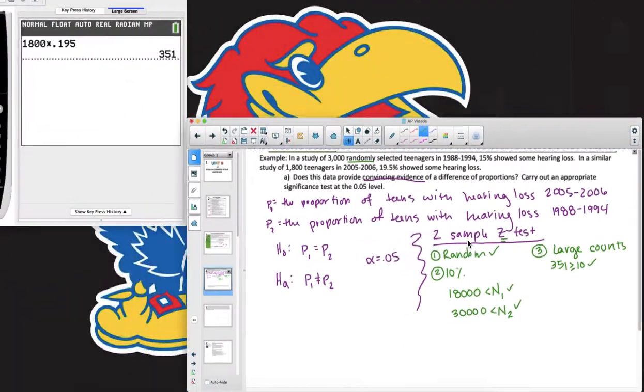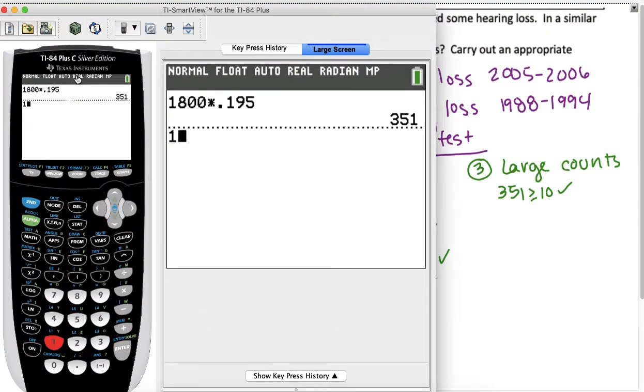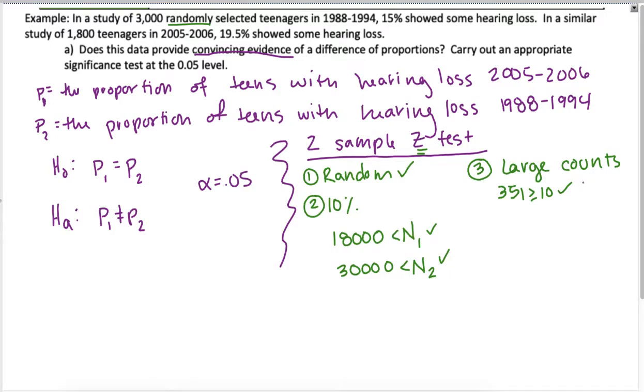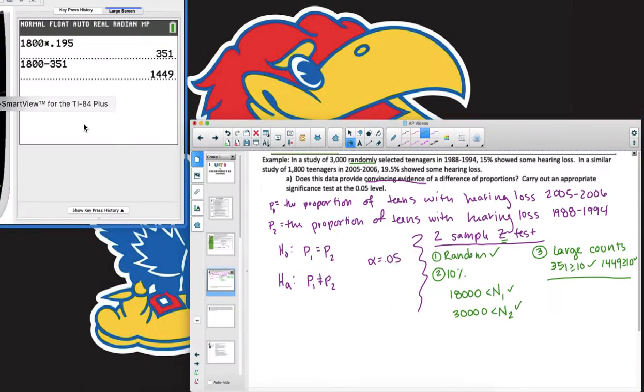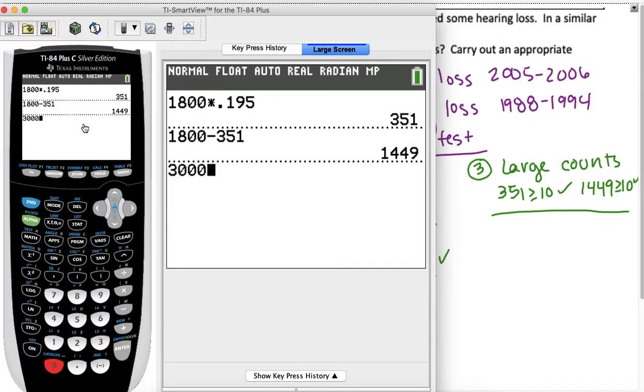So how many fails do we have? We'll take 1,800 minus the 351 we expected, and we get 1,449. Okay, also bigger than or equal to 10. So once I've checked it for the first, let's check it for the second. I have 3,000 with 15% expected. 0.15. And so I have 450.